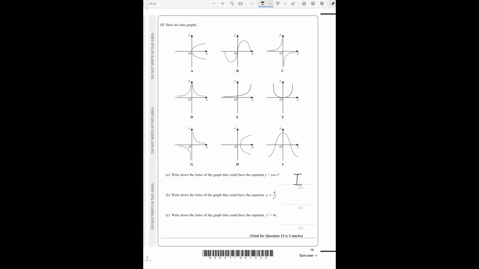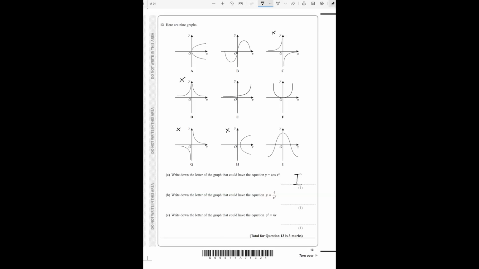Right. Write down the letter of the graph that could have the equation 4 over x squared. Now, 4 over x squared is one of these graphs that's in 2 bits because x cannot be 0. So it doesn't cross the x-axis. So it could be potentially that one, that one, that one, that one.